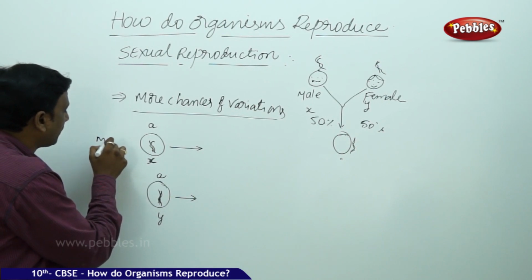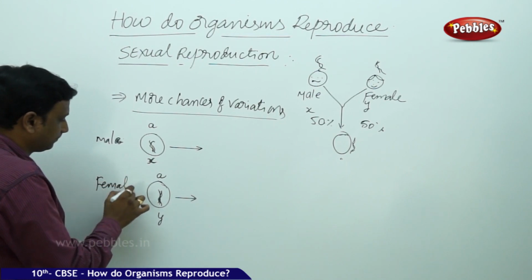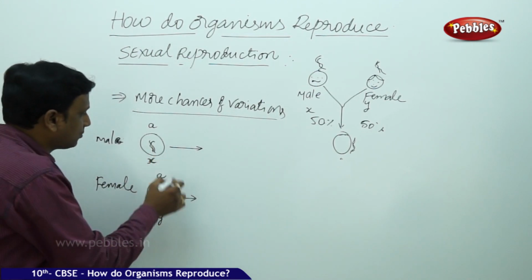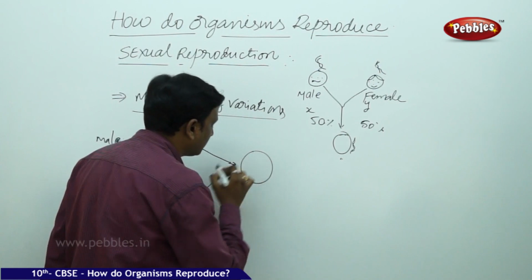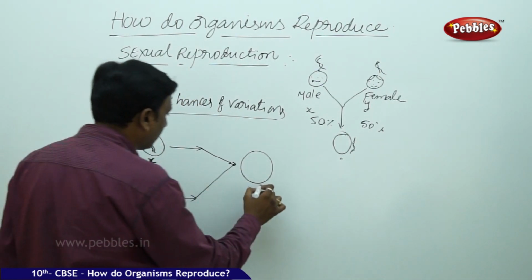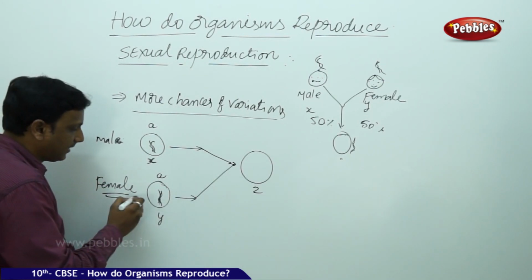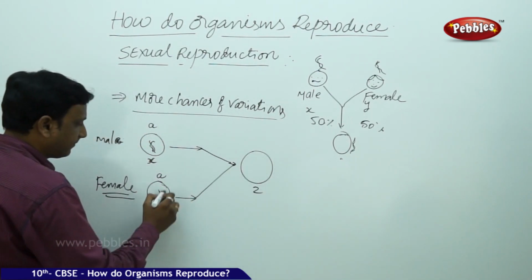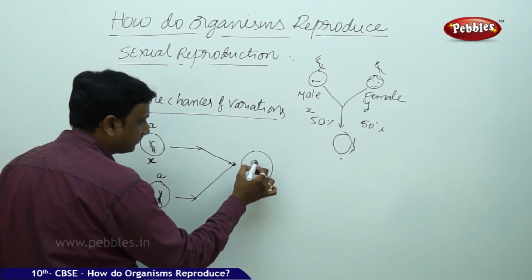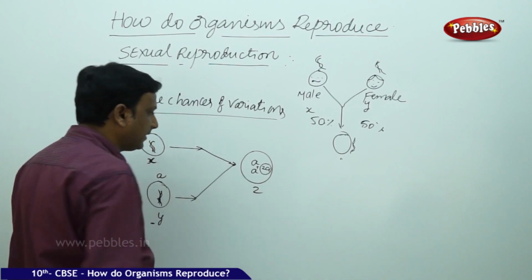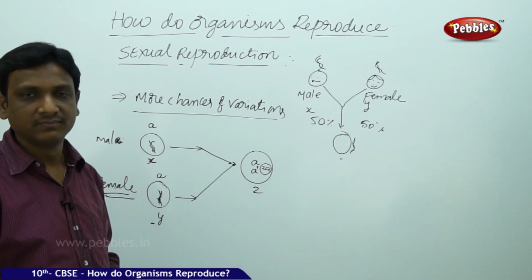Here two organisms, male and female, are involved in the production of a new organism. These two organisms give rise to a new organism. So this new organism Z is getting the genetic material A from female Y, and it is getting genetic material A from X, A plus A, 2A. It means that the genetic material is doubled in this generation.